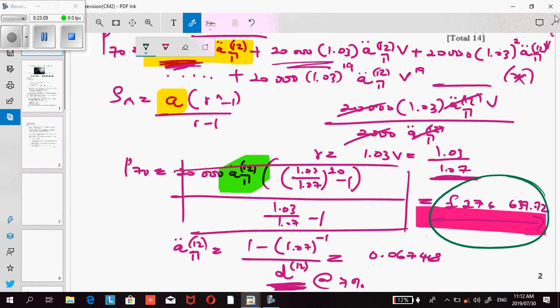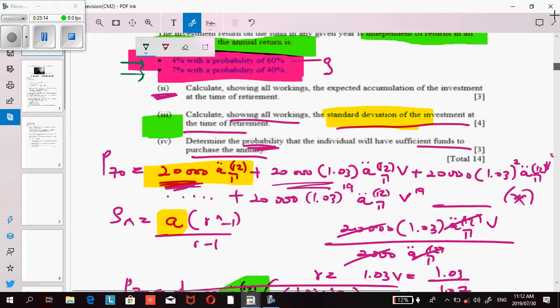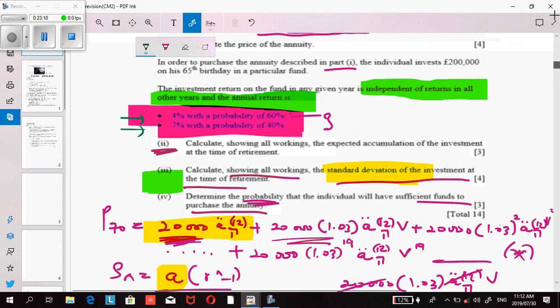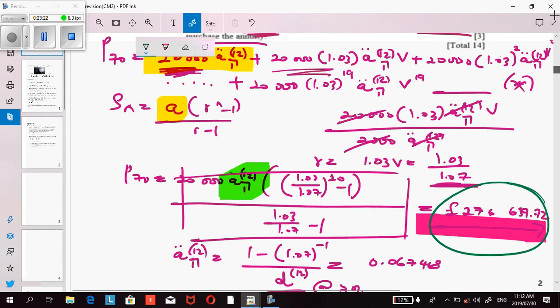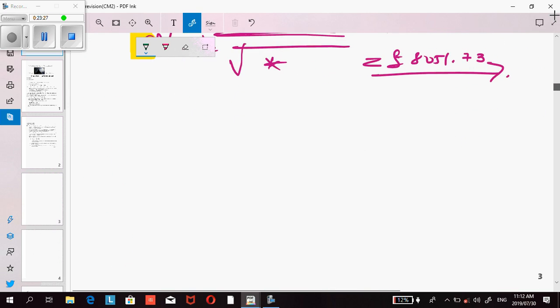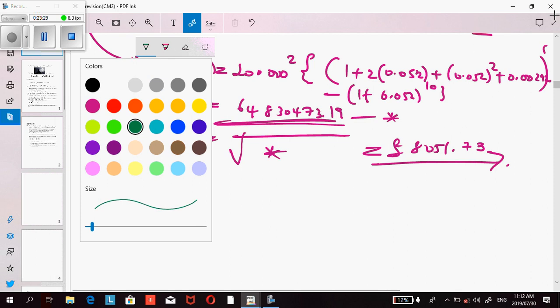So I'm first going to try 4% and see what that will give me. 4% has a probability of 60% happening. So we're doing part IV.